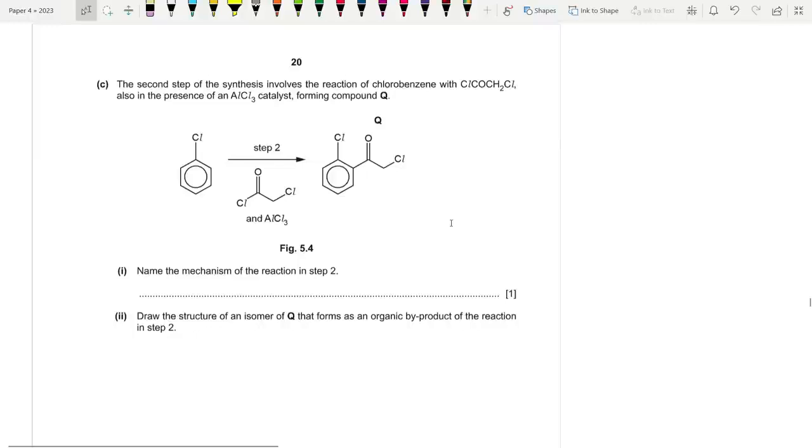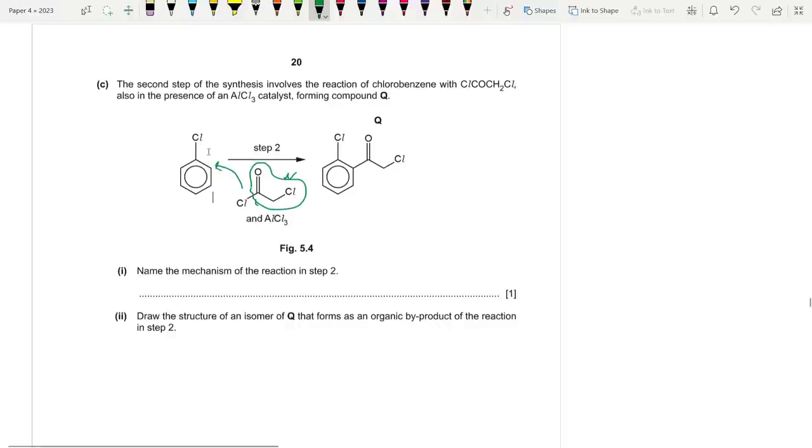In the second step of the synthesis, it actually involves the reaction of chlorobenzene with an acyl chloride, also in the presence of an AlCl3 catalyst, to form a compound Q. So this is actually Friedel-Crafts acylation, right? This is an acyl chloride. So we know that this section over here will be attached to the benzene ring.